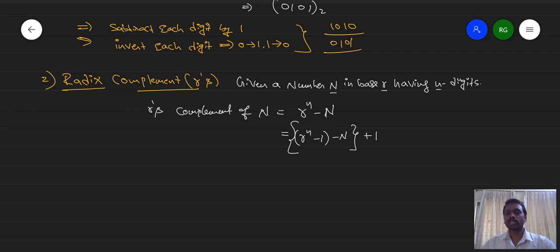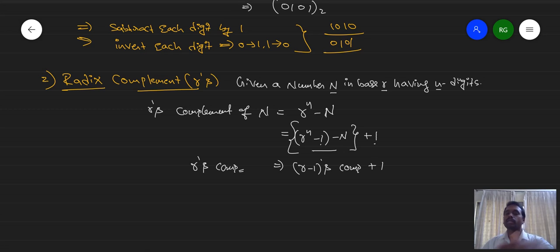This minus 1 and this plus 1 get cancelled and the equation remains the same. We already know the value of this. So this is nothing but R minus 1's complement plus 1. So that means my R's complement is nothing but R minus 1's complement plus 1.